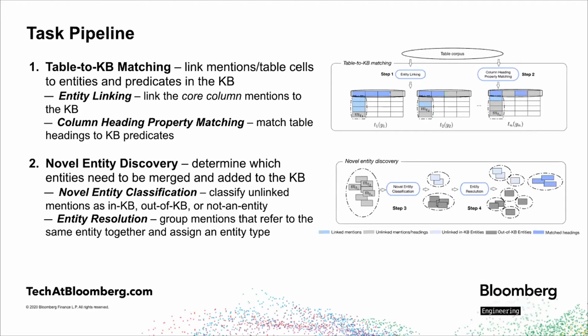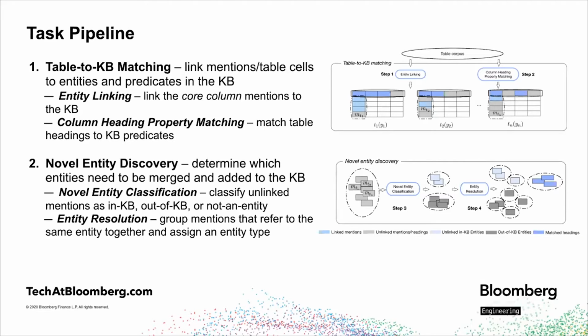After the first step, we manage to link part of the table cells or mentions to the KB. However, there's something left over. For example, in the key column, MT1 and MT2, we call them unlinked mentions, which will be the focus of our second step, novel entity discovery. It determines which entities need to be merged and added to the KB by novel entity classification and entity resolution.